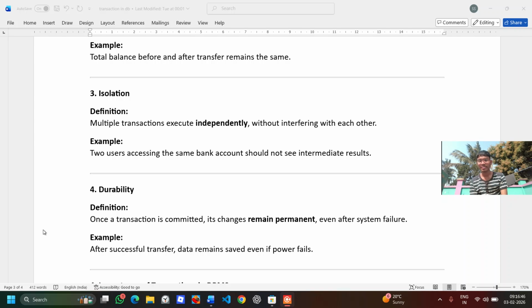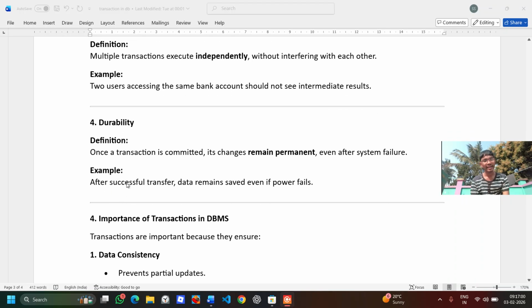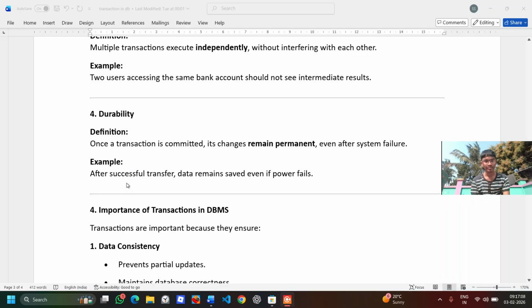They can't disturb another transaction or forcefully retain data from another transaction. That is called isolation. In isolation, one transaction thinks it is the only transaction in memory.